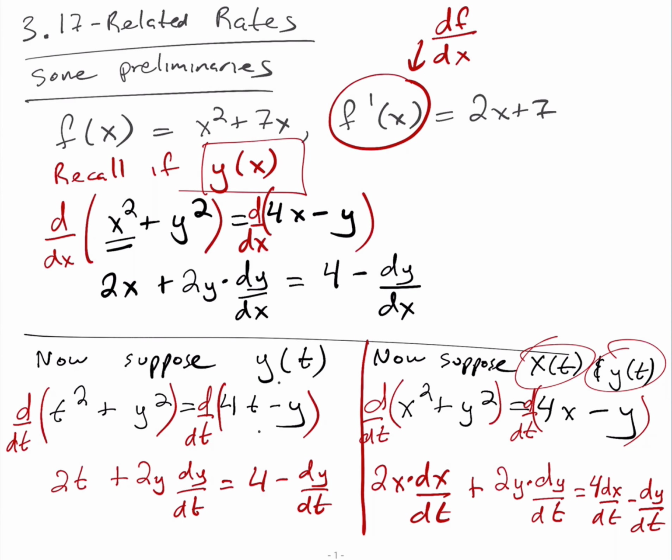Okay, so the key thing here, and this is what we're going to be doing with related rates, is that we're going to have things that are dependent on t, which is short for the four-letter word, time, right? Exactly. And we may have more than one quantity that is a function of time, and those quantities might be related.